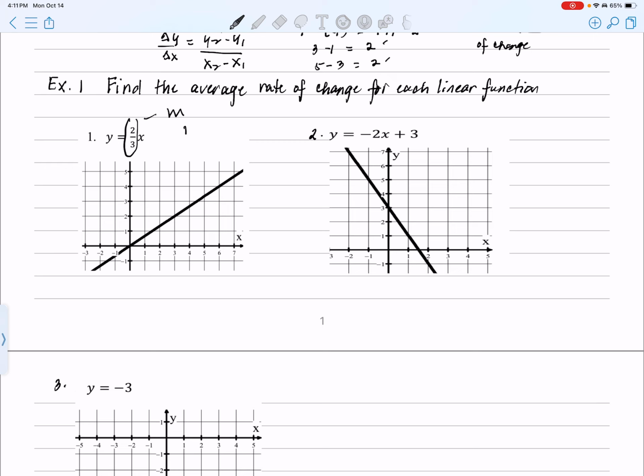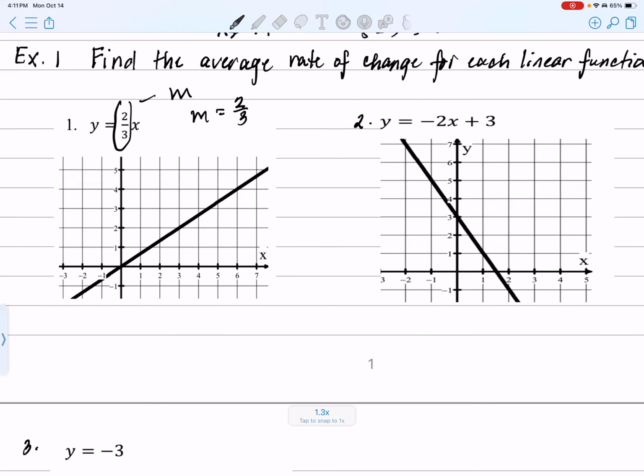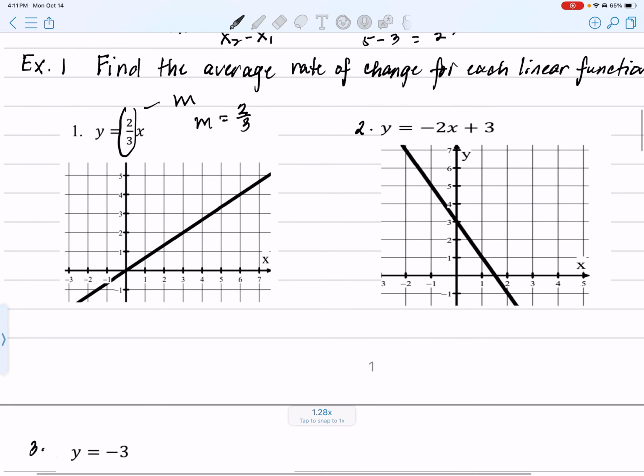I know that the slope is 2/3. Okay? So from here, if you are asked, okay, why don't we check or verify if it is really 2/3?